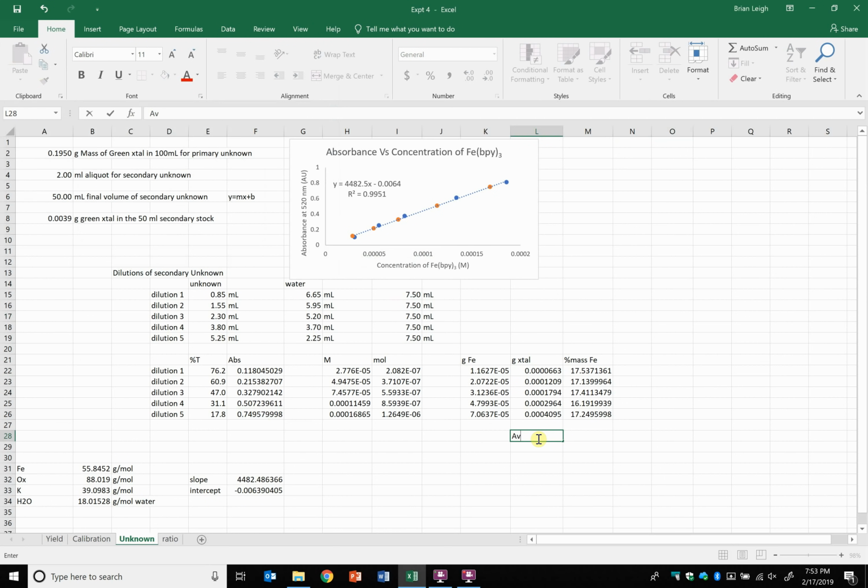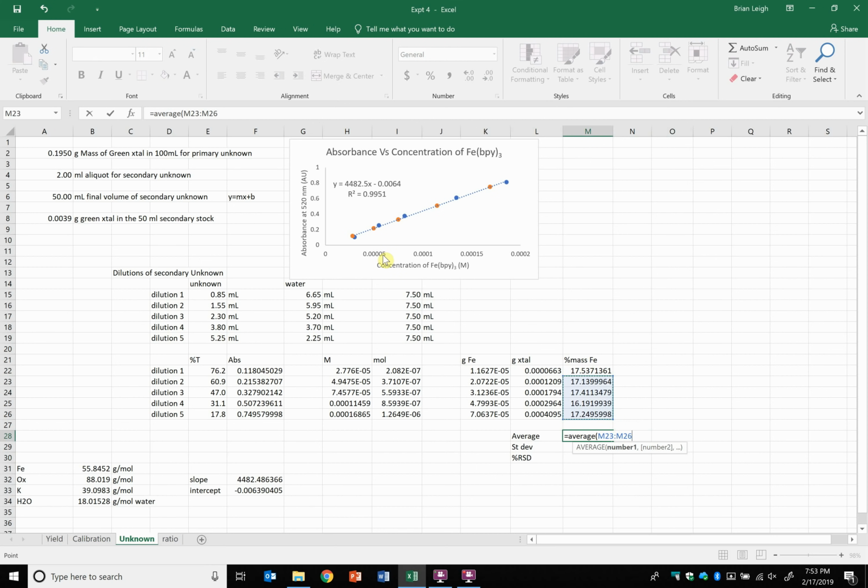So when we calculate our percent mass of iron, we will now exclude that point from the data set. And that is the least concentrated point. So we're not going to take the top one, right?